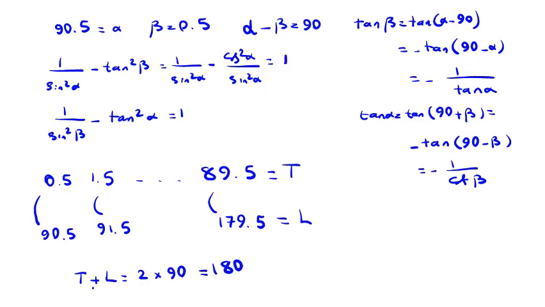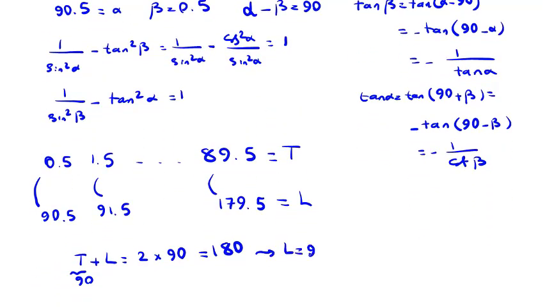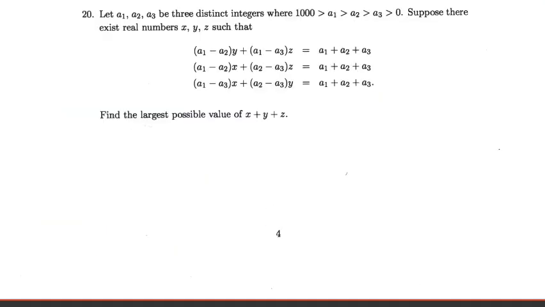We've reached that t is 90. Here t is 90, so L is 90. The answer of the problem is t plus L, so you can say it is equal to 180.